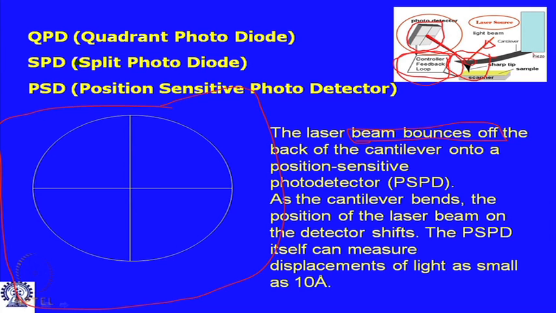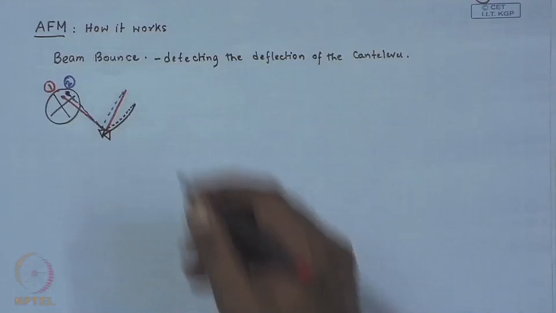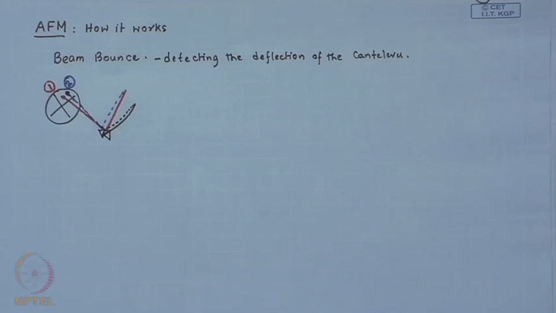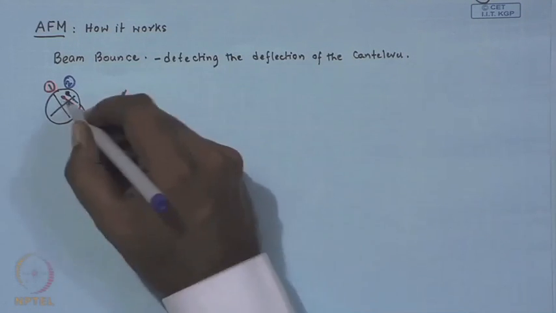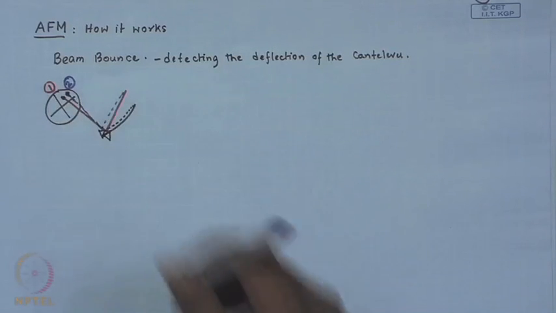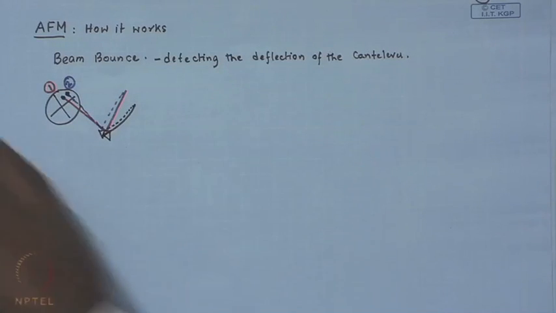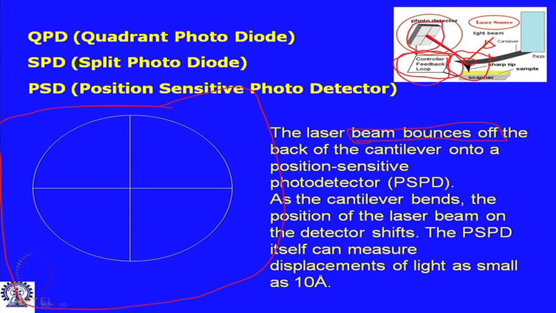Let us put it in generic terms as a dimensional change of the piezoelectric scanner, so that the deflection of the cantilever comes back to the same level, and the reflected beam again falls at location 1. This particular aspect we will understand in greater detail.